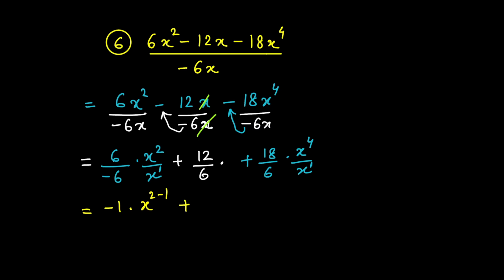So 12 divided by 6 is 2. Then we have plus 18 divided by 6, which is 3, and x to the power subtracted, so 4 minus 1. So we get the final answer as minus 1. X to the power 2 minus 1 is just 1, so no need to write it. So it is plus 2 and then 3 times x to the power 4 minus 1, which is 3. So this is the answer we get.